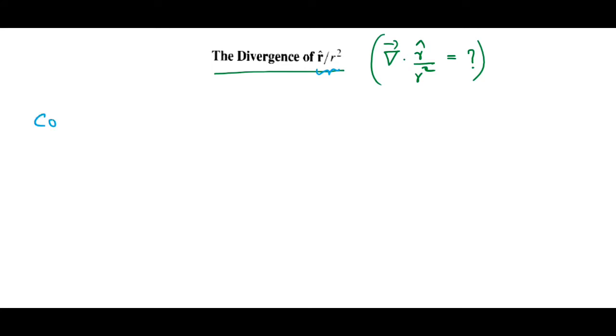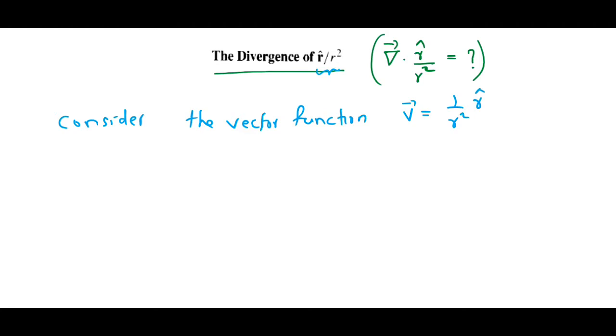That is, consider the vector v equal to r cap by r square, and this vector v appears to have a large positive divergence.